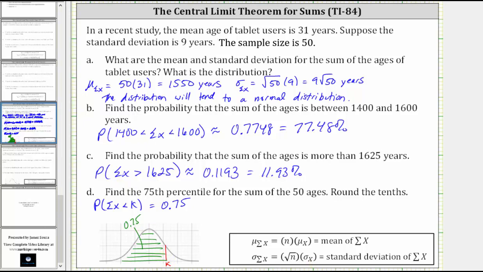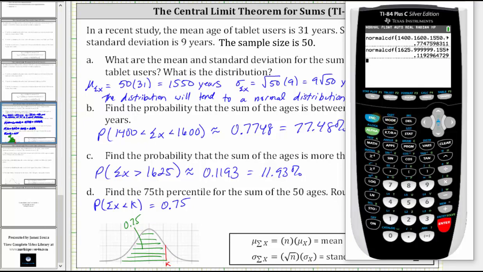So now we go to the calculator, and we press second vars, option 3 for inverse norm. The area is the area to the left, which is 0.75 for the 75th percentile. Mu is the mean of the sums, which is 1,550. Enter.